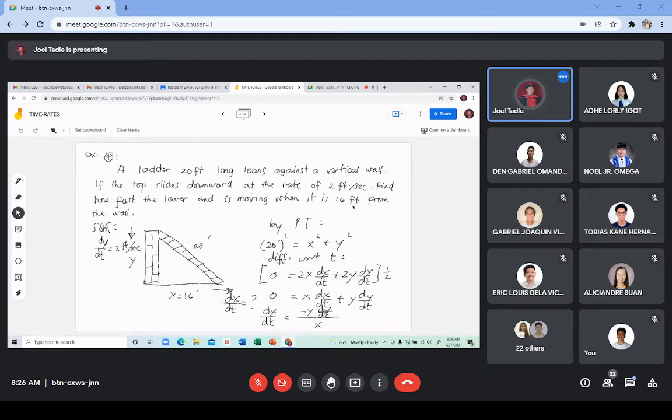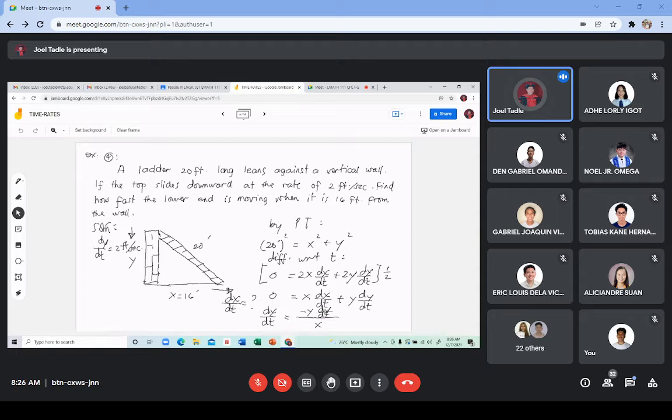This is 16 feet. How fast the lower end is moving when it is 16 feet from the wall. So given siya ang location sa bottom of the ladder from the wall, 16 feet.